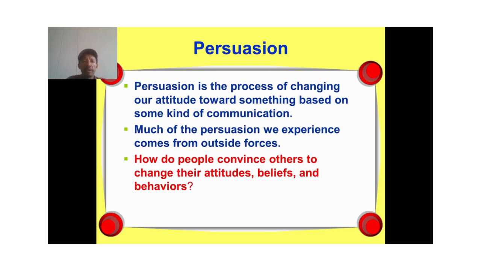So this is the main goal of this discussion, because studying how people convince others is very important for social psychologists, because consumer behavior, the decision to buy some objects, some products, is based on this principle.